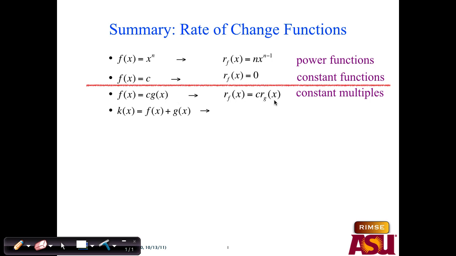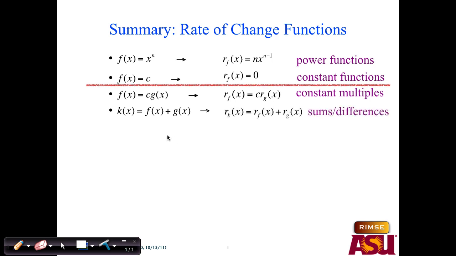The other thing we talked about: if you have sums, and this extends to differences, or even more than two terms added or subtracted together, you can essentially define the rate of change of each one of those separately, in that f of x plus h minus f of x over h sort of rearrangement.